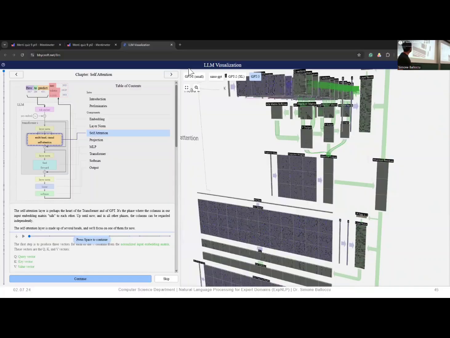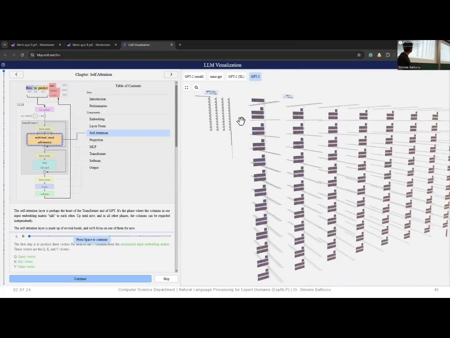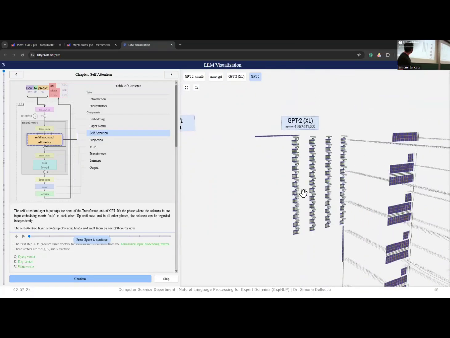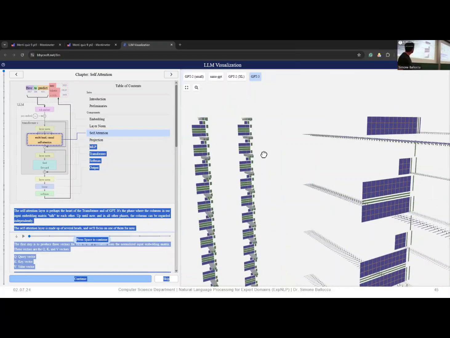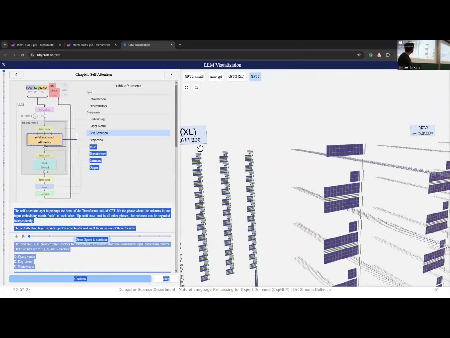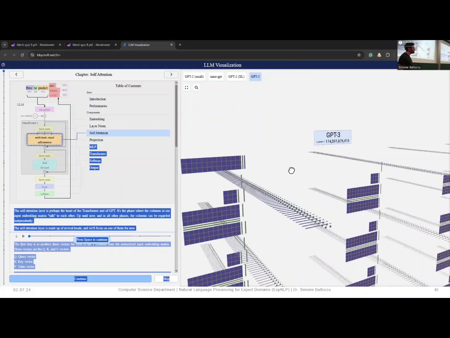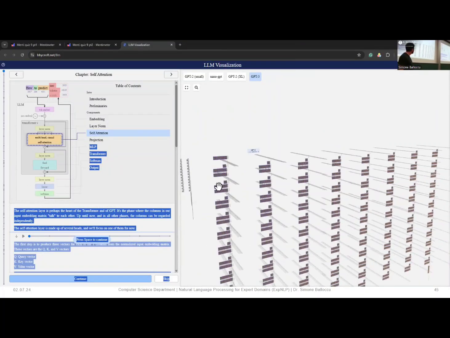And this is GPT Nano, no, this is GPT-3 actually. No, sorry. If we move to GPT-2 XL, which has a billion parameters, it's even worse. If we try to move to GPT-3, which has 175 billion parameters, are you gonna tell me that you can go here?